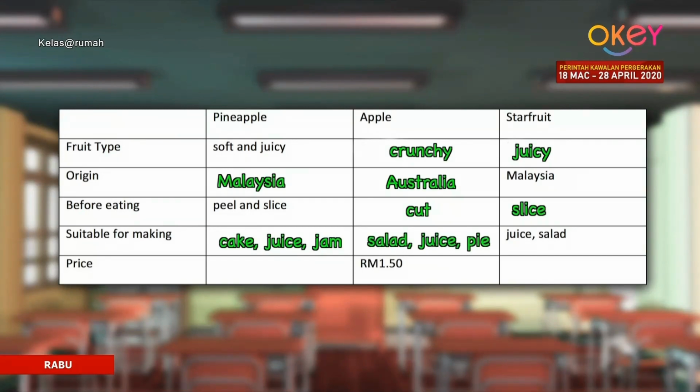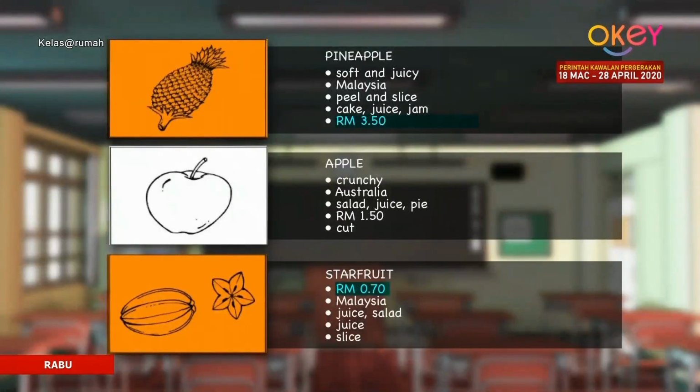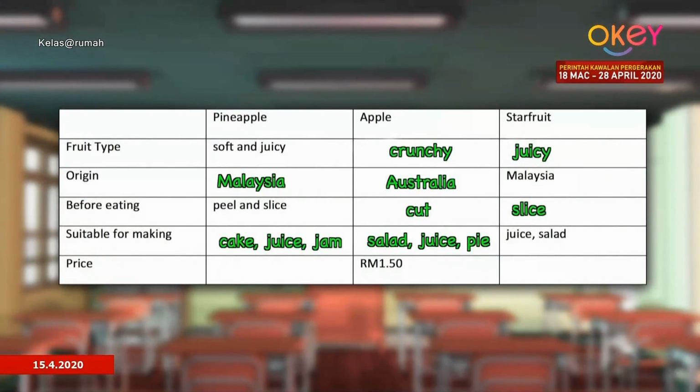Finally, the answer given in the last row for apple is 1 ringgit and 50 cents. This is easy because it is specifically looking for the price of the fruit. So the answer for pineapple should be 3 ringgit and 50 cents and 70 cents for star fruit.